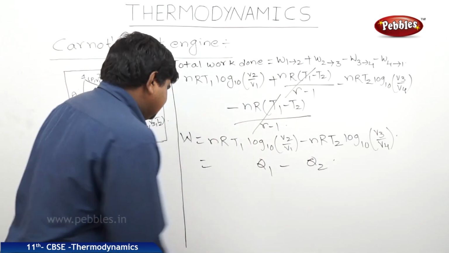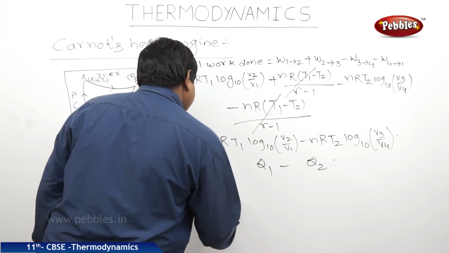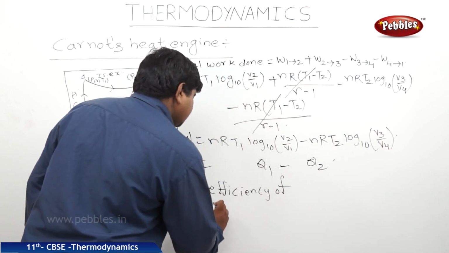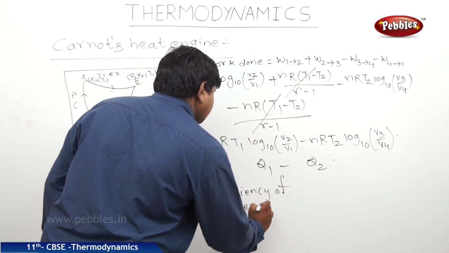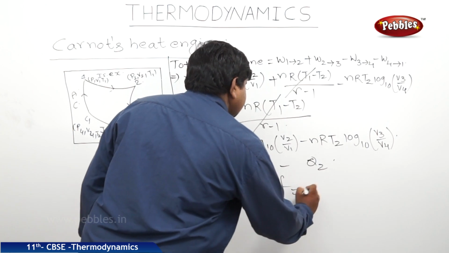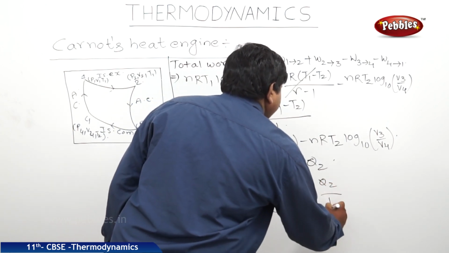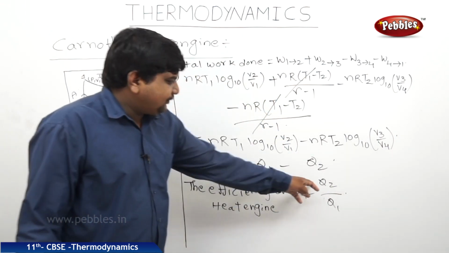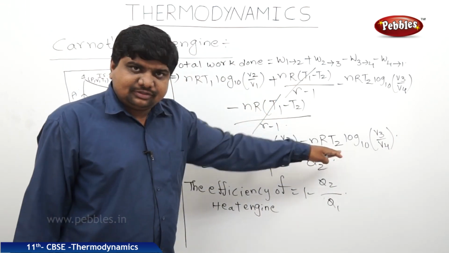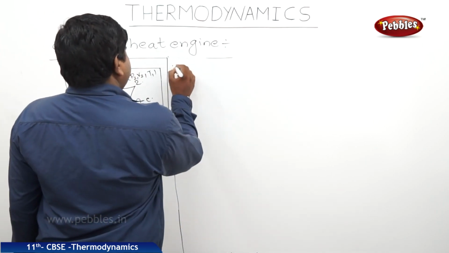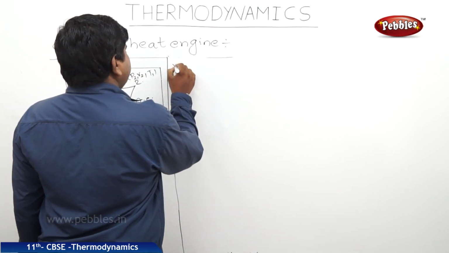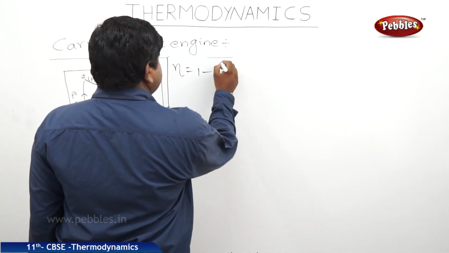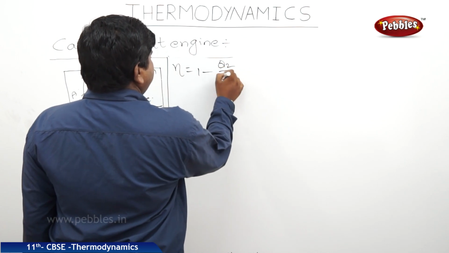Now, the efficiency of heat engine is equal to 1 minus Q2 by Q1. In place of Q2 and Q1, I am going to substitute these two values. So, efficiency is equal to 1 minus Q2 by Q1.